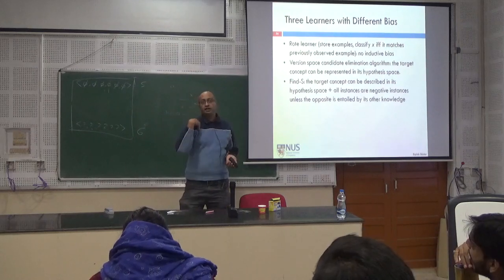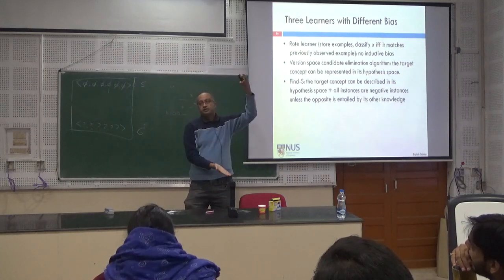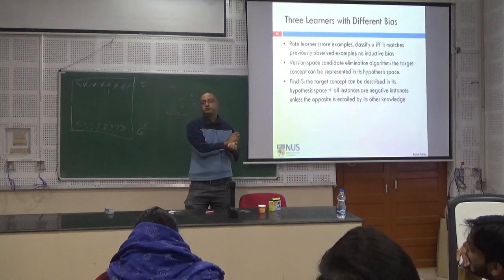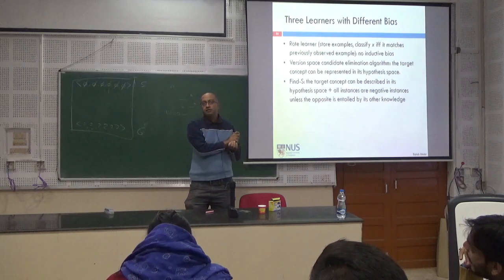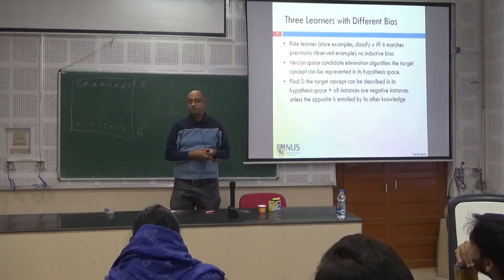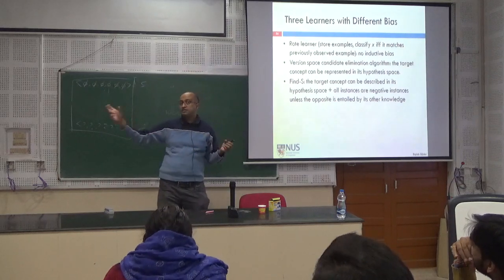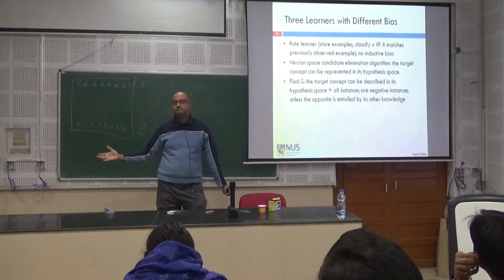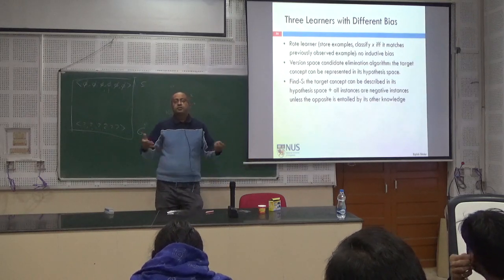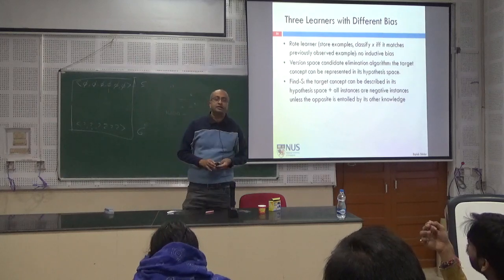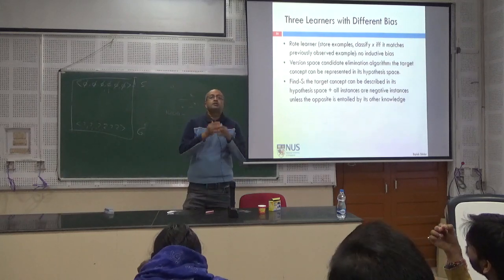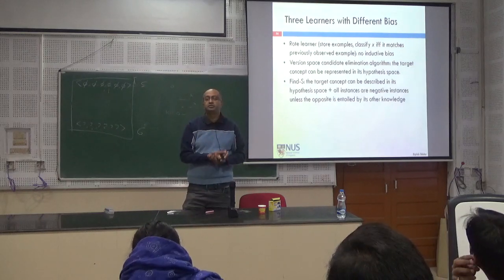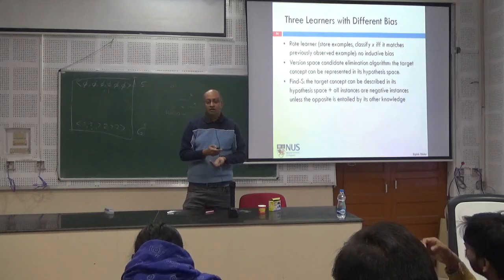You give me test data, I will look through my list. Have I seen the exact same data before? If yes, then I know what the answer is. If I haven't seen the test data before, I can't classify. So you can imagine that most of the time this will not work in practice. Right? This only works if you have seen this thing before. It doesn't work on new things.